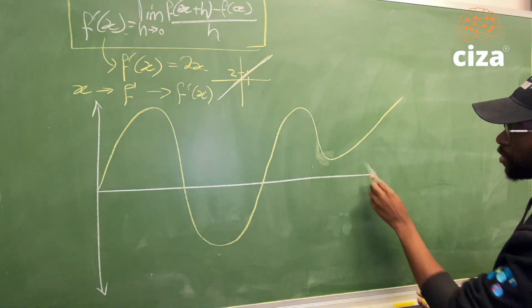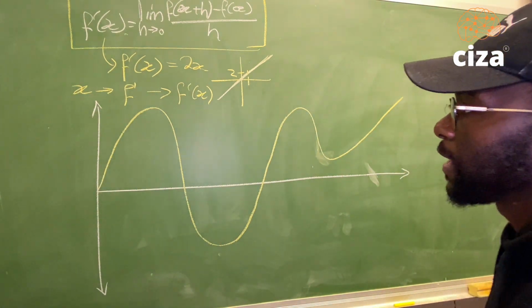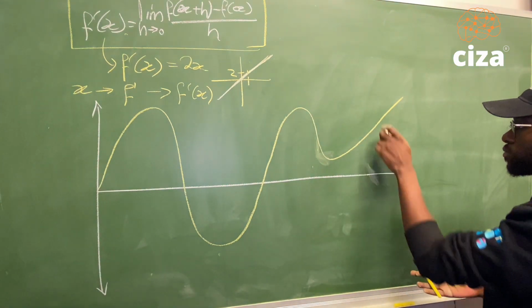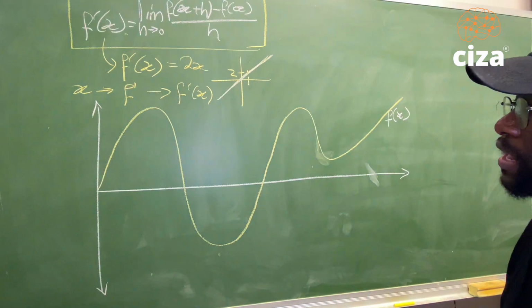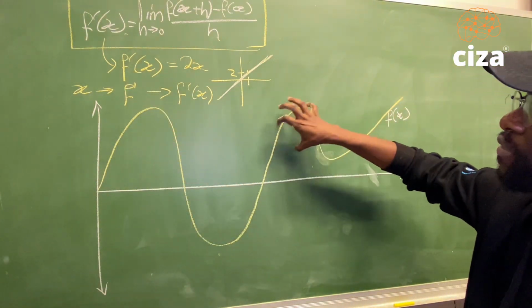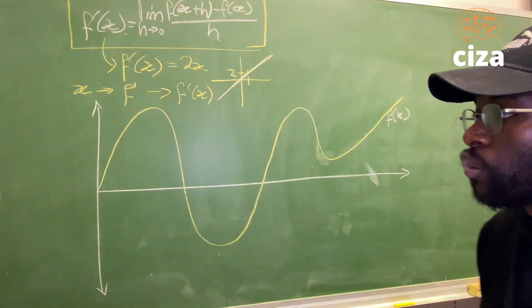Let's extend it a bit here. Oh God, I hope I'm still in the frame. Now, this is our function f at x. By just using this curve, we want to see how the function of the derivative will look.